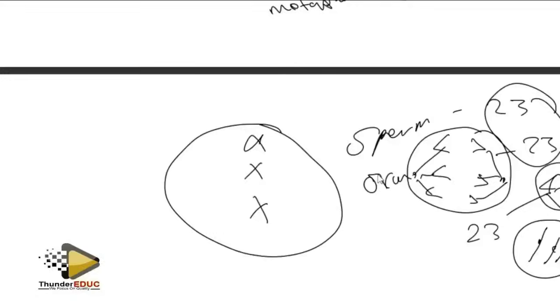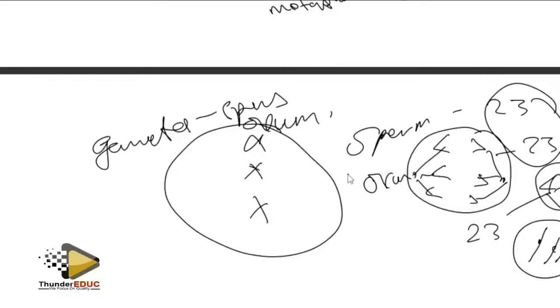Number two, the major importance of meiosis is to produce gametes. Gametes are the sperms and ova. Number three, where does meiosis take place?